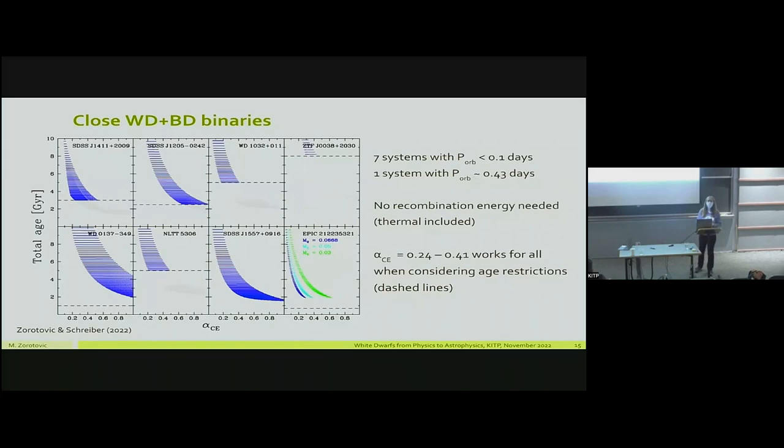So this gives you a minimum age for the system, and in the other systems, you can constrain the lower limit for alpha, but here you can also constrain the upper limit for alpha. And if you want to reproduce all the systems with the same alpha, including the age restriction, then you get a much more narrow parameter range, 0.24 to 0.41, consistent with all the others.